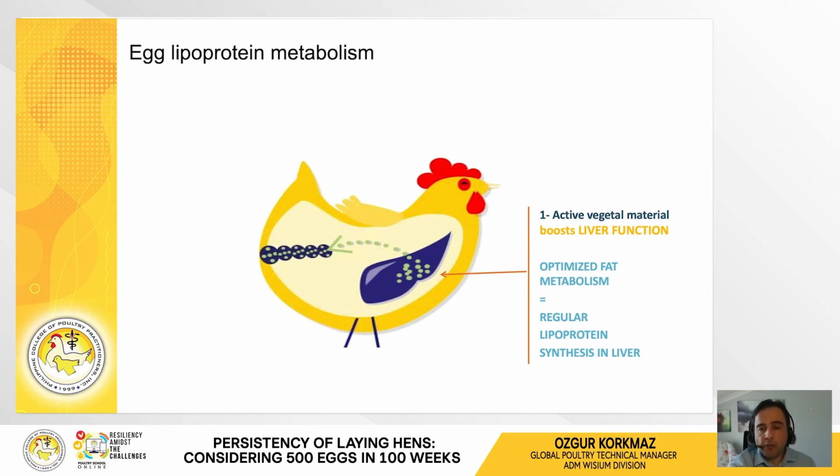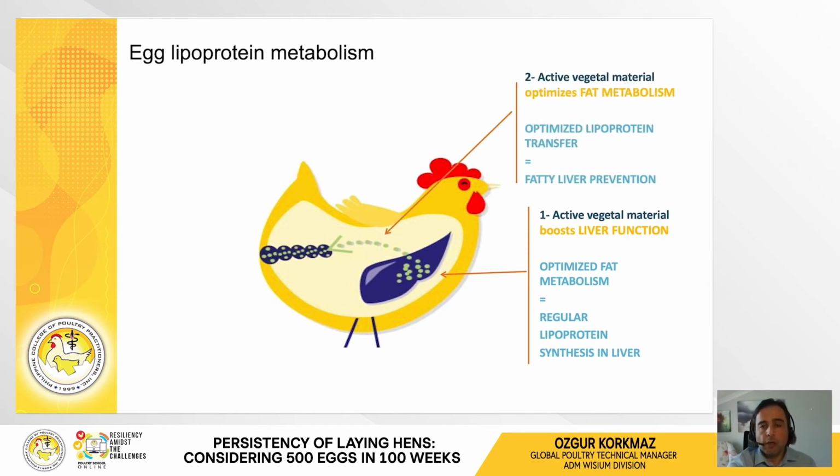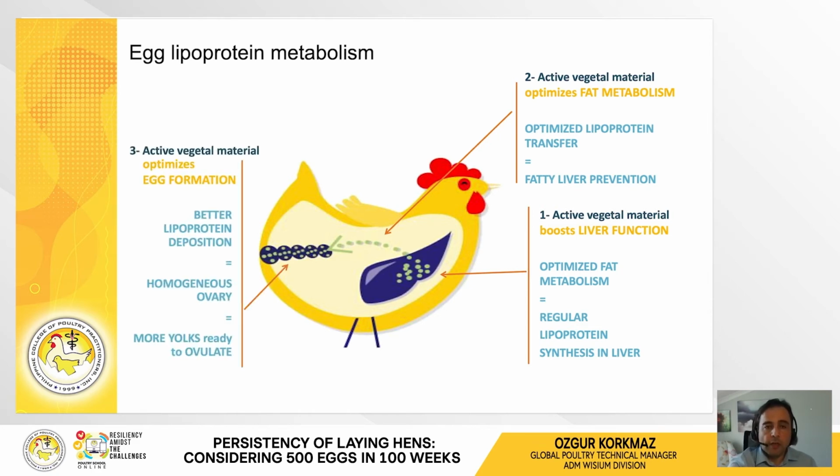Regularly lipoproteins go from the liver to the ovarium via blood, and it optimizes fat metabolism, optimizes lipoprotein transfer, and decreases fatty liver. Active vegetal material optimizes egg formation, better lipoprotein deposition in the yolk, more homogeneous ovarium, more yolks ready to ovulate.